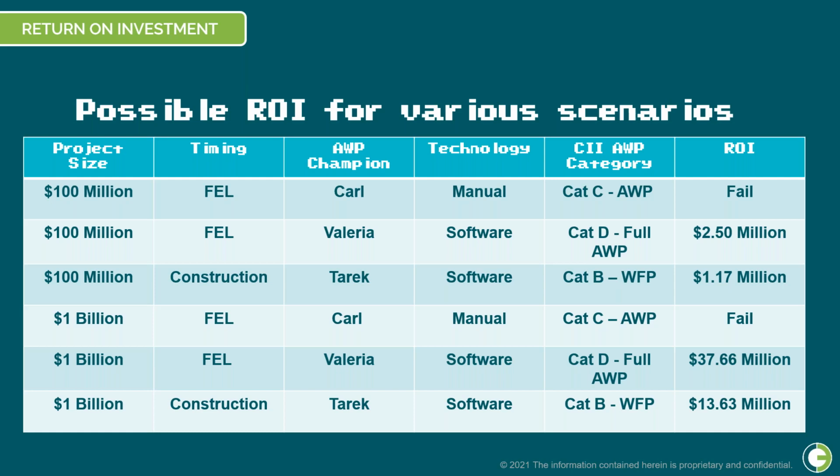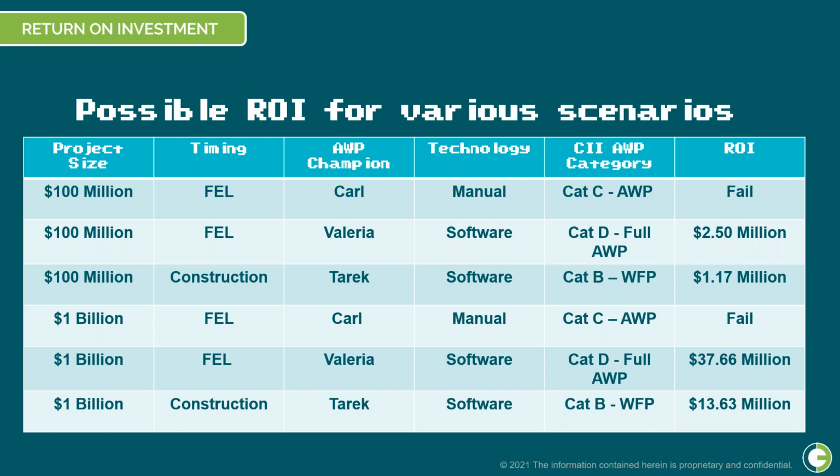You chose for the $100 million project the best possible solution. So Valeria was going to be the one who was going to be able to bring everybody together, had enough knowledge of the field and the home office to be able to get everybody involved, and given enough time to do it by doing it starting during the FEL stages. Knowing that also she wasn't going to be afraid of something like getting the software in place and building a new process and procedure for the company.